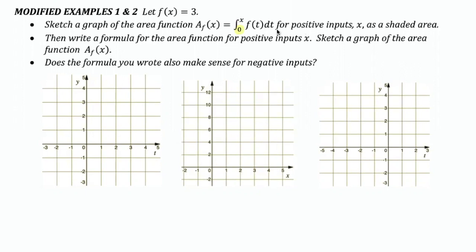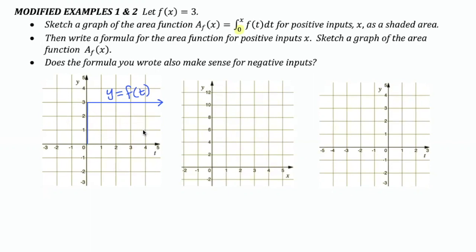So I want to graph this for positive inputs of x as a shaded area. So I begin by graphing my function as a horizontal line at 3. I'm only worried about letting x take on positive values, so I'm going to stay to the right of the x-axis. So this is my function. My a value is 0. So this right along the y-axis is the beginning of my shape.